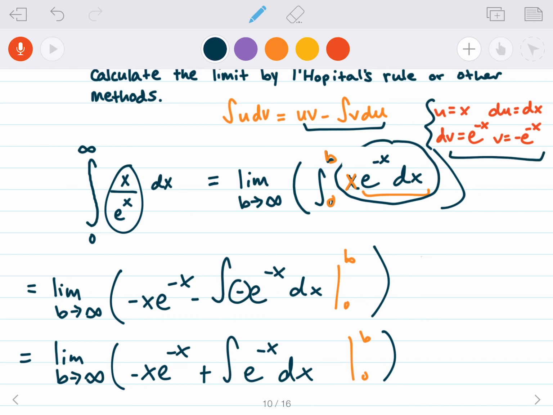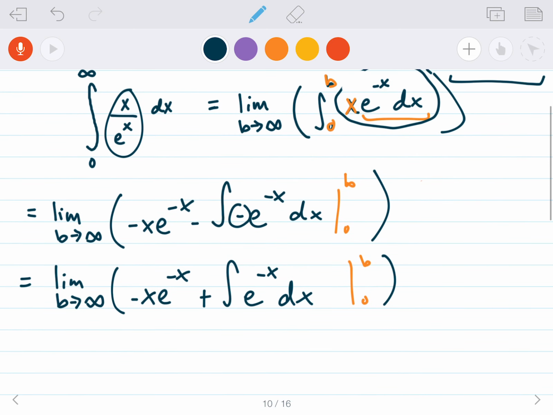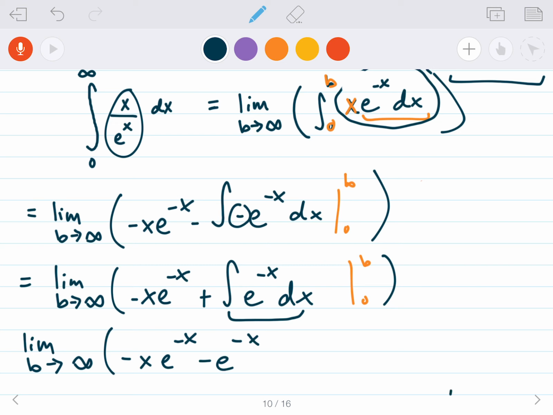The antiderivative of e to the negative x is just negative e to the negative x. So we have negative x e to the negative x, and then this guy is going to be negative e to the negative x. Didn't plug anything in yet. That's my last step here.